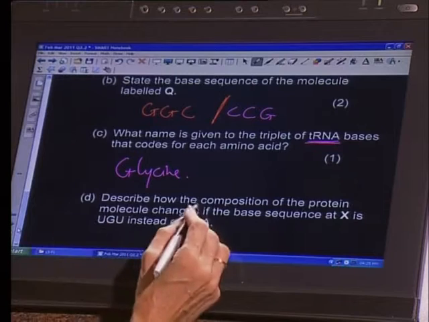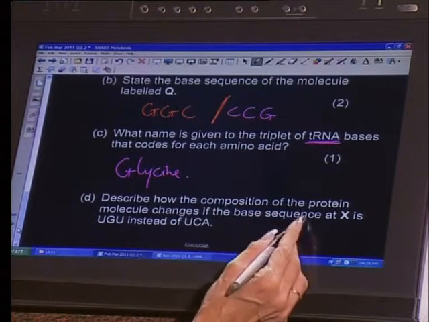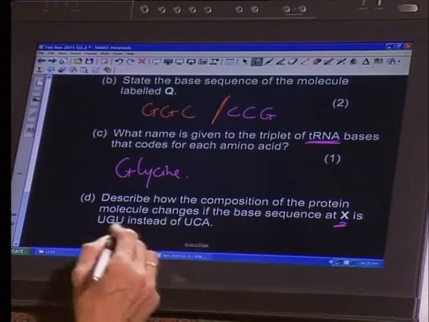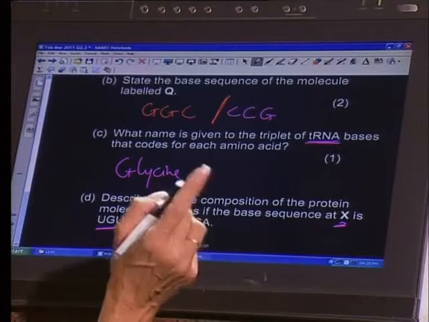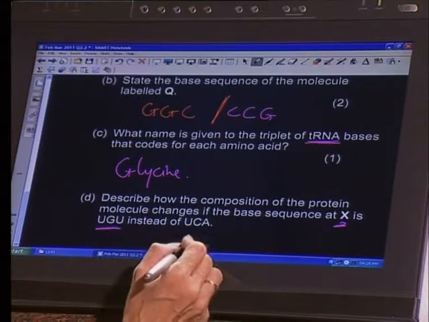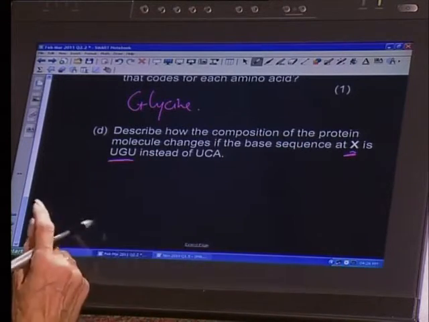Then it says, describe how the composition of the protein molecule changes if the base sequence at X is UGU instead of UCA. Now, the minute we change that base sequence, it's going to change the protein. How? Because we have something in the whole process called a mutation, and it's going to result in a completely different protein.